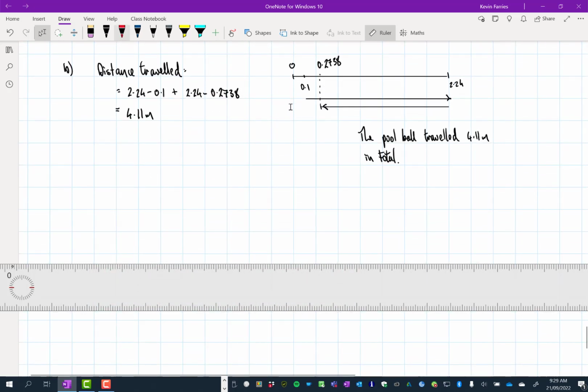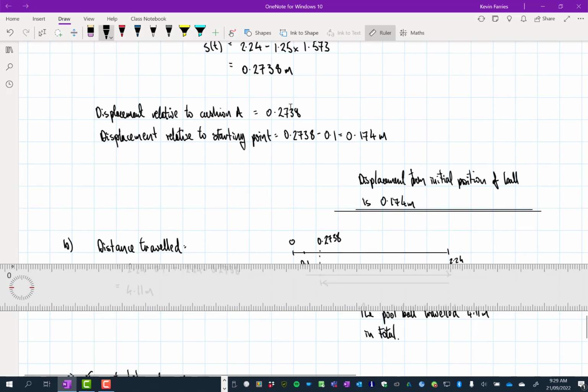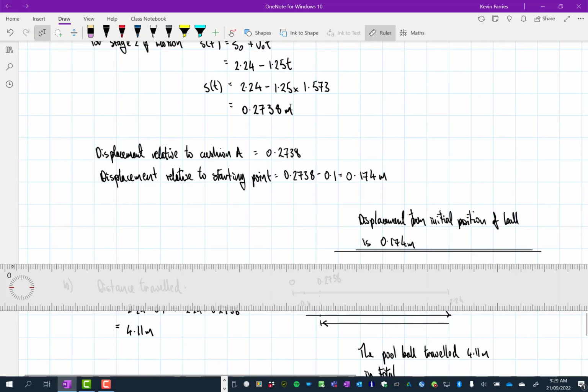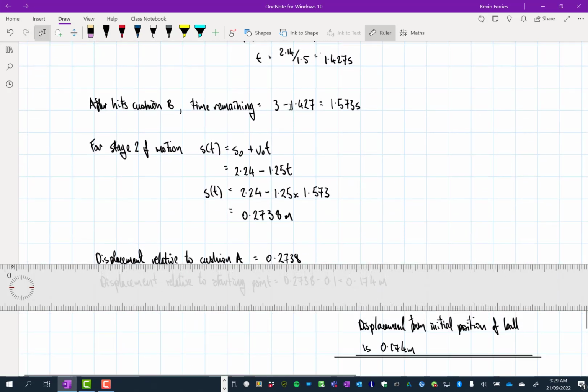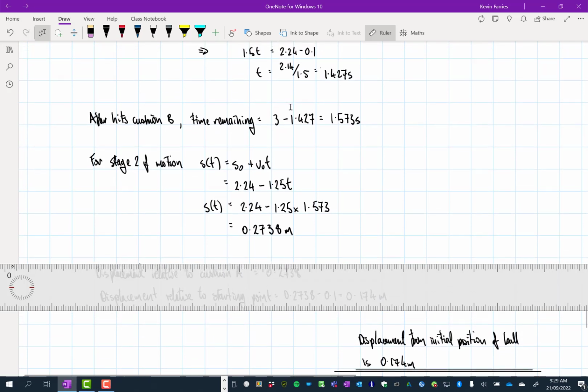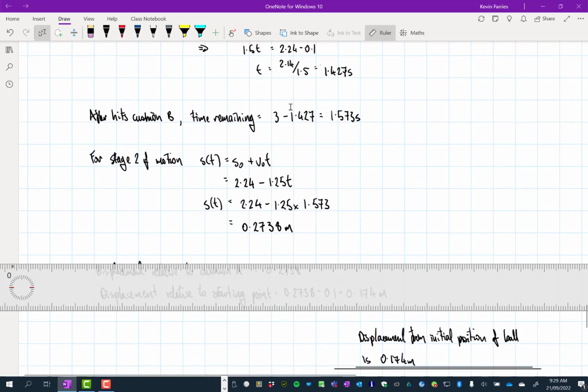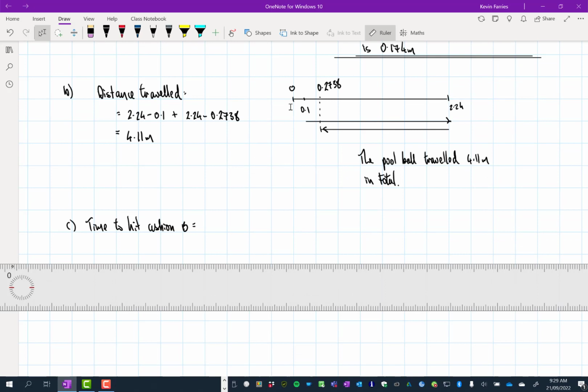And so we've already calculated that. So time to hit cushion B is equal to, we calculated it here, it was 1.427 seconds, so 1.43.